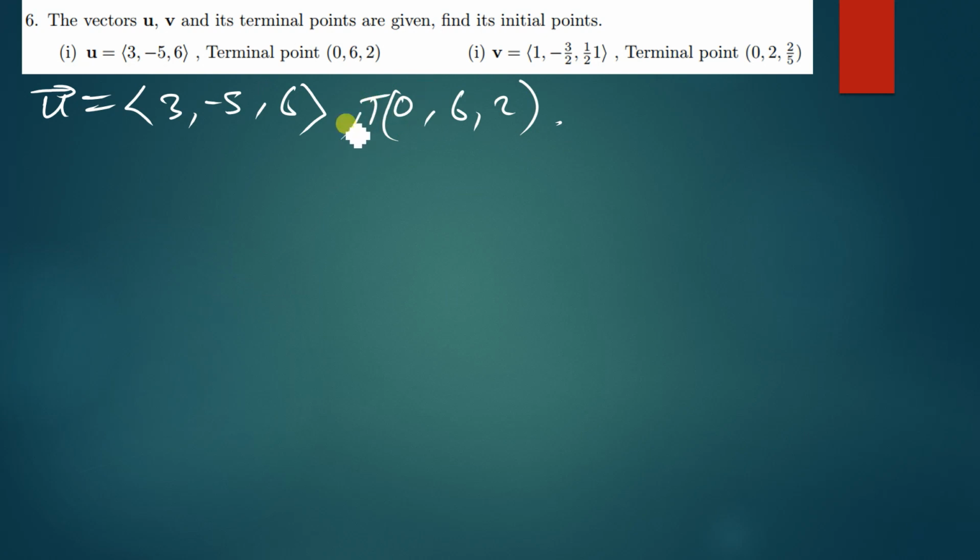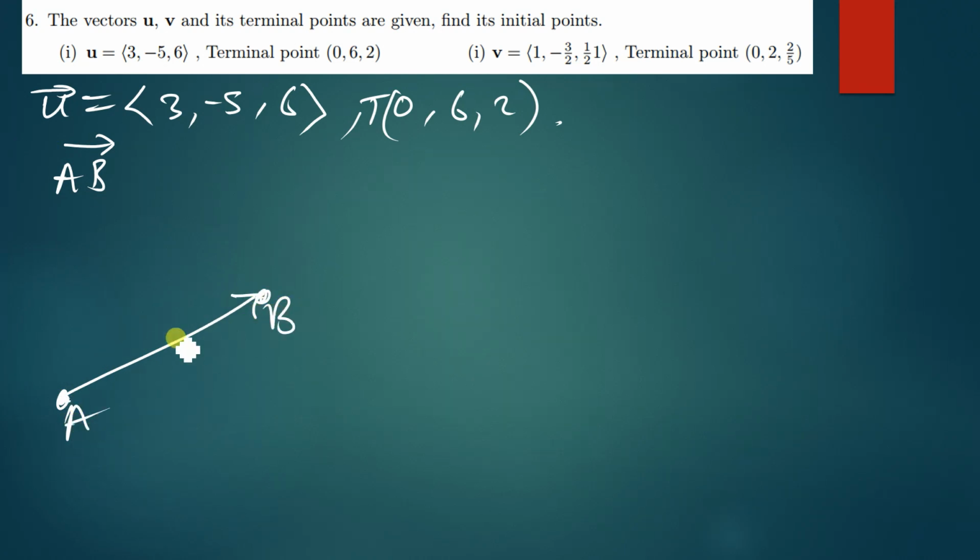Remember what I told you in the previous videos on vectors. In case you don't have them, you can just check the playlist for vectors. So I said in the introduction, when you're finding a vector, let's say you have two points, A and B, and you've been asked to find the vector AB.